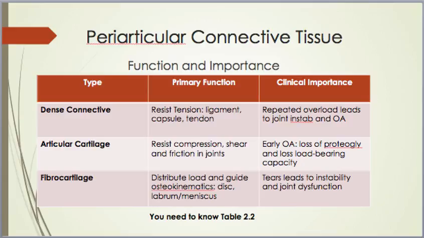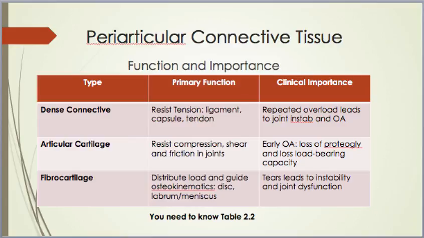Function and importance. Dense connective tissue's primary function is to resist tensile load, right? So our joint capsule, our ligaments, and we're not talking about muscle yet, but the tendinous tissue is dense connective tissue. Articular cartilage, we know, resists compression, shear, and friction in our joints.